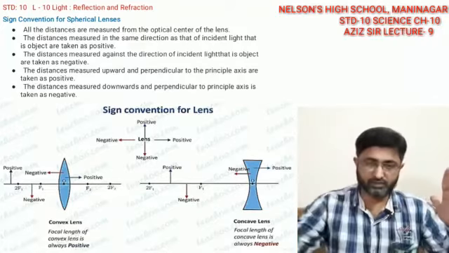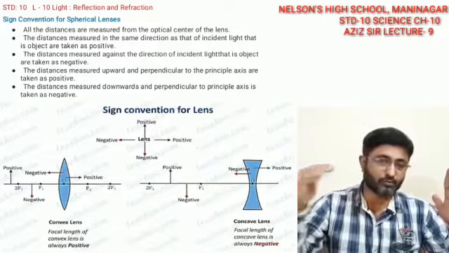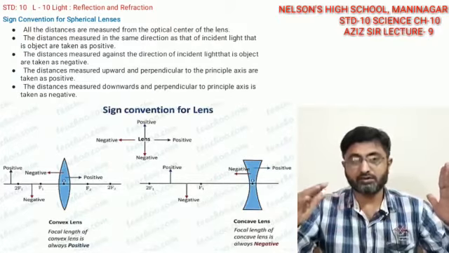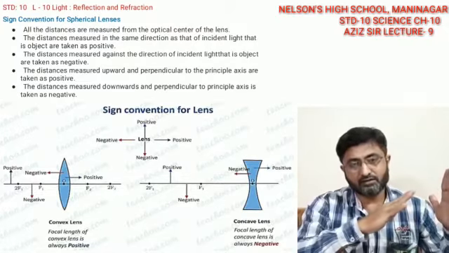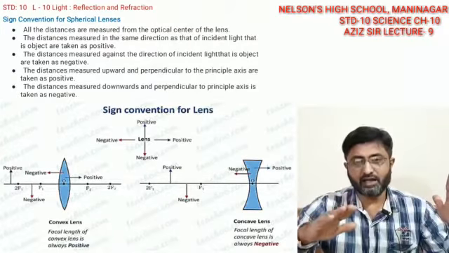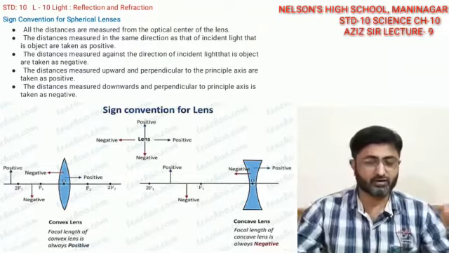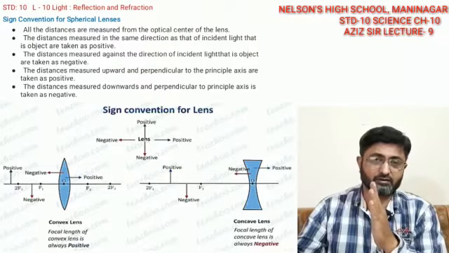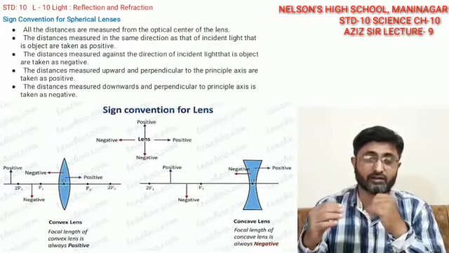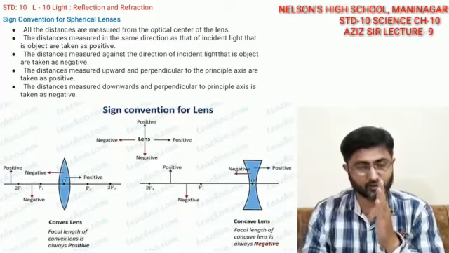So in the direction of the principal axis, if you go from the lens opposite to the direction of the incident ray, everything is taken as negative, and in the direction of the incident ray beyond the lens, that is not where the object is, opposite to the object side, everything is taken as positive.